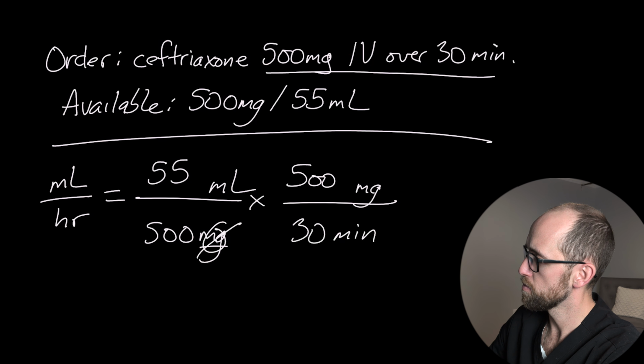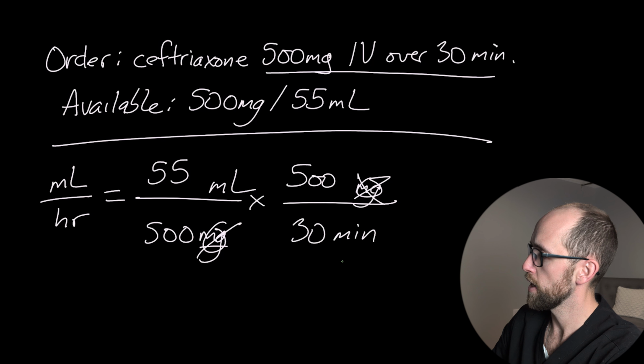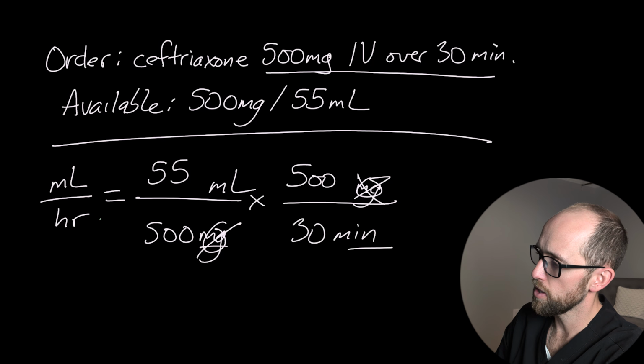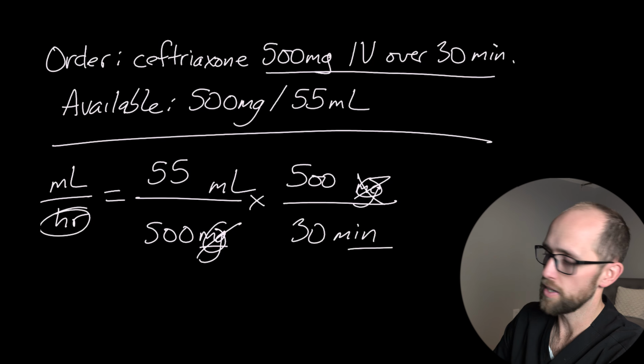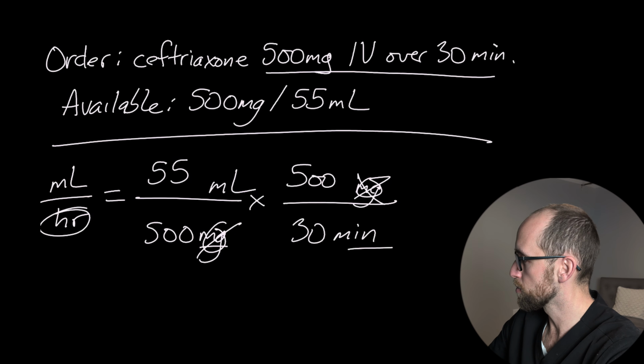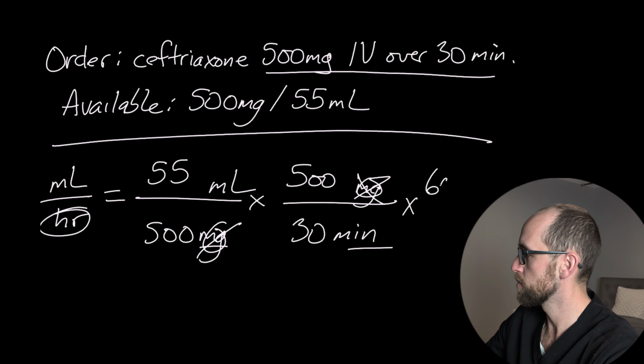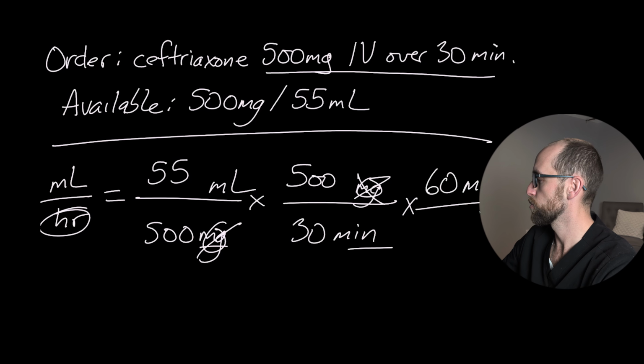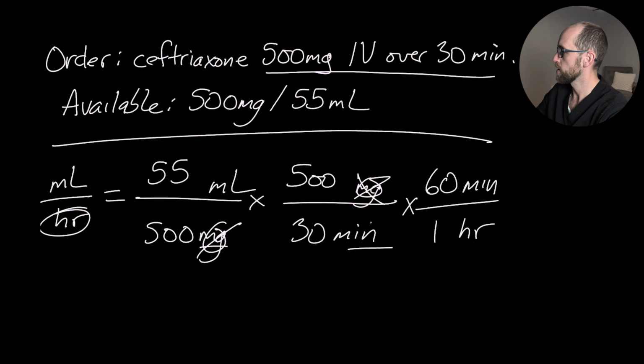So I've gotten rid of milligrams, but now I have minutes, and I'm looking for hours. So how can I convert minutes to hours? Well, I know that one in my head. I hope you do too, that there are 60 minutes in 1 hour. And now my minutes are gone, and all I have left is mLs per hour.